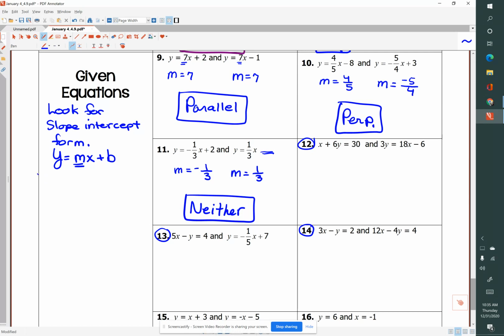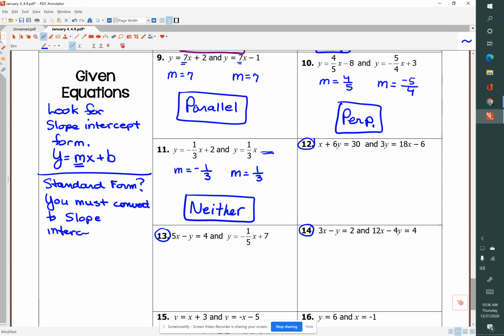So if the problem is in standard form, you must convert to slope-intercept form. Okay, that's your first step. So you have a bit of algebra to do.